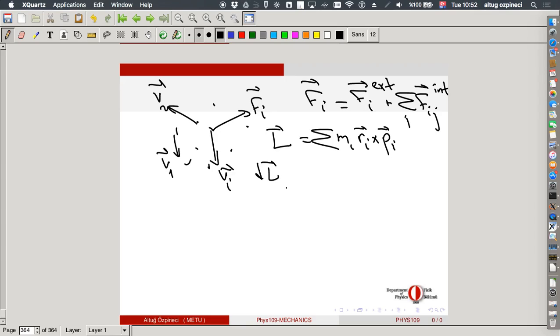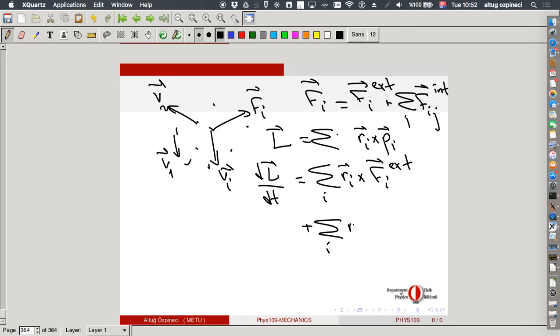We can talk about the rate of change of the angular momentum of the system, which will be ri cross Fi external plus ri cross Fij, the internal. This is nothing but the total external torque acting on my system. So I have some bunch of forces acting at the point ri.